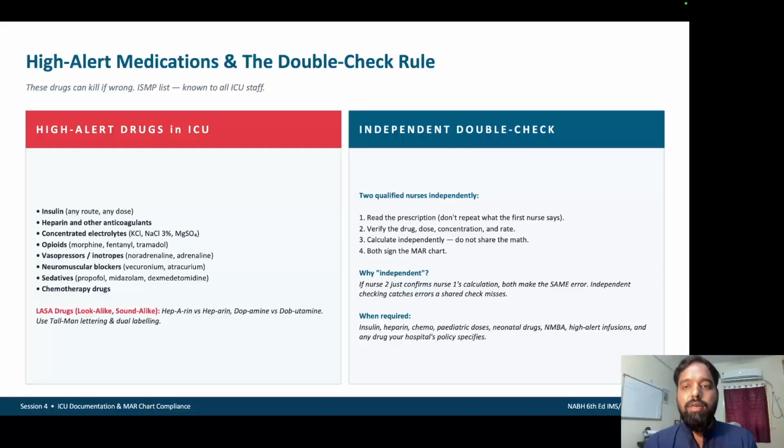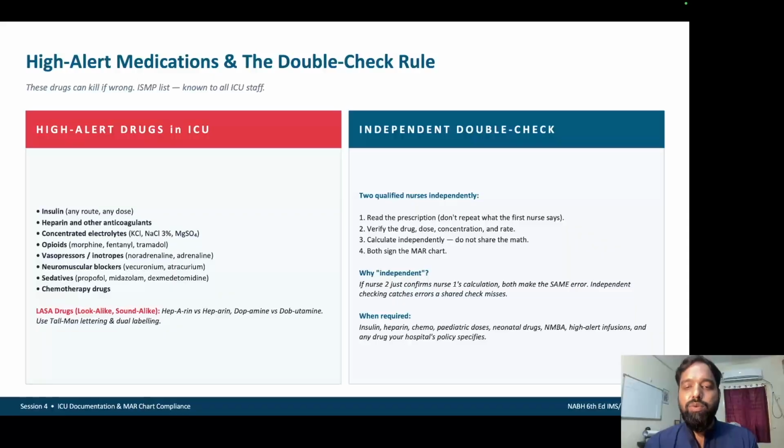The independent double check. So, two qualified nurses independently read the prescription. Don't repeat what the first nurse says blindly. Verify the dose, drug, and concentration and rate. Calculate independently. Do not share the math. Both should sign the MAR chart. Why independent?